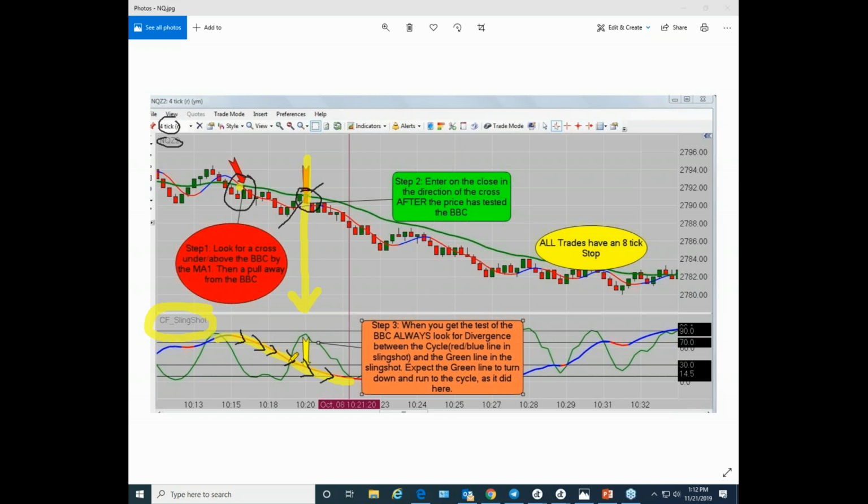This green line together with this price action here, which is normal, the green line pulling away from the cycle together with this price action above is saying, look, this is a pullback in this ongoing downtrend.